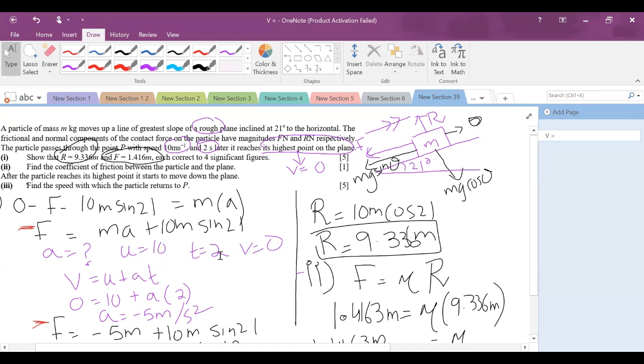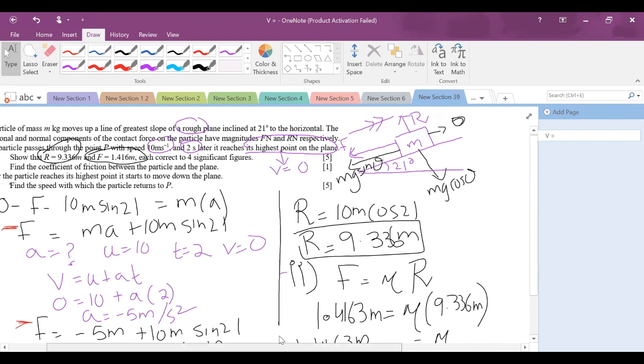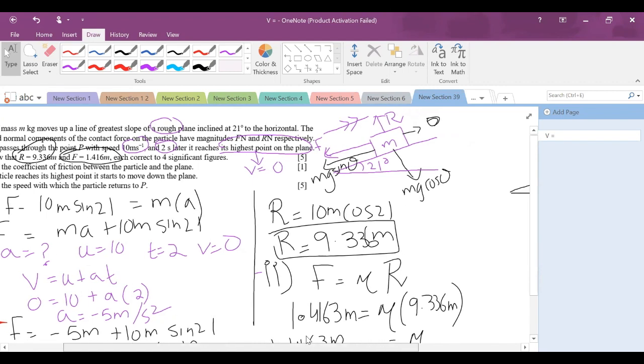We can use these three parameters to find S, the distance between the highest point and P. ठीक है, ये U already given था, P पे U 10 था, टाइम 2 seconds में वो पार्टिकल हाईएस्ट पॉइंट पे मूव कर रहा था, v is equals to 0 था. So use these three parameters again to find s, the distance between p and the highest point.